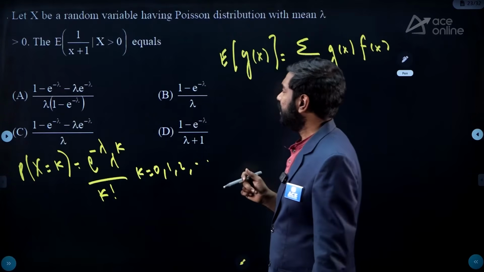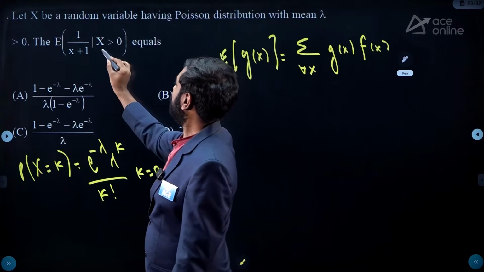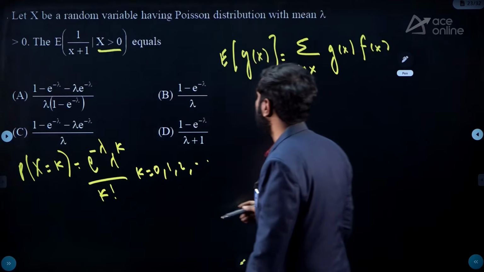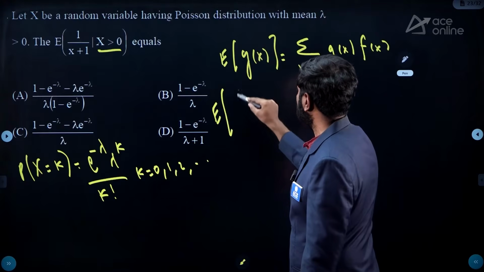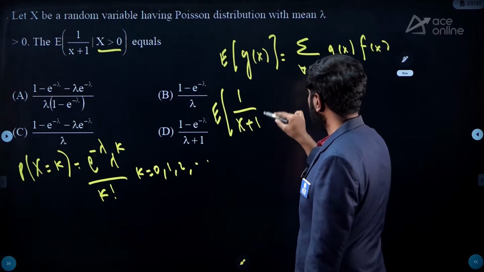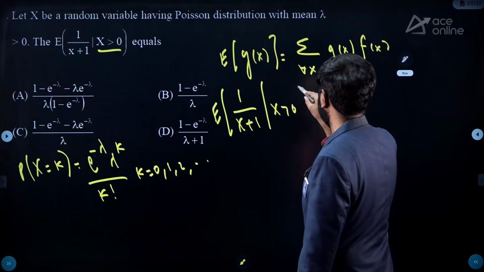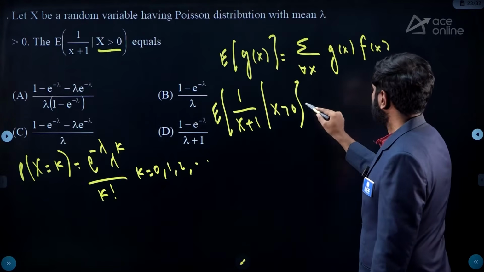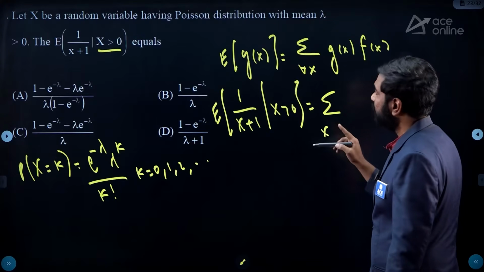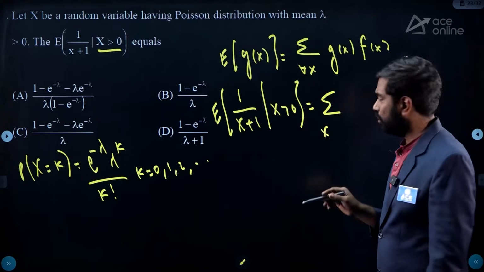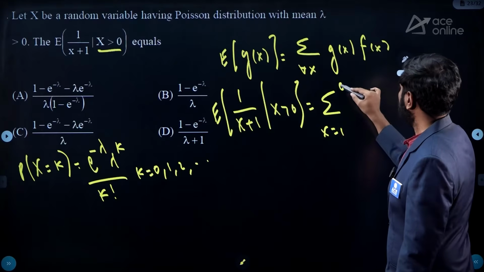So the values of x you will take are clearly those where x is greater than 0. So the required answer, that is the conditional mean of 1 by X plus 1 given X greater than 0, is given by summation, where x should be from 1 to infinity.